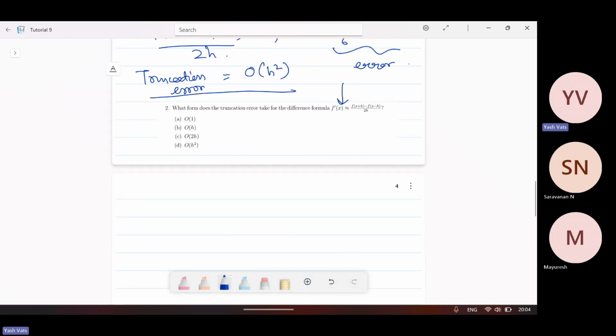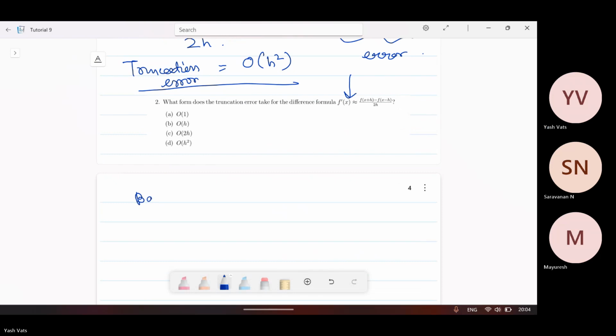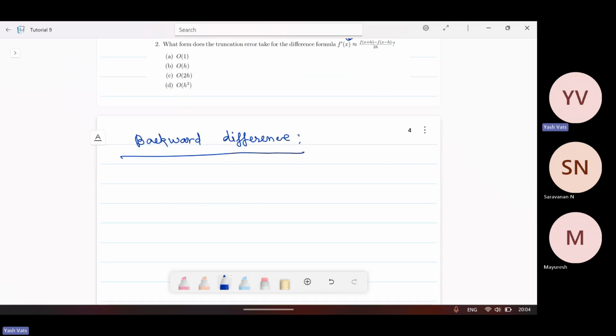So now we discuss the backward difference. First, I discuss the backward difference formula. f(x minus h) is basically f(x) minus h f prime(x) plus h square by 2 f triple prime.